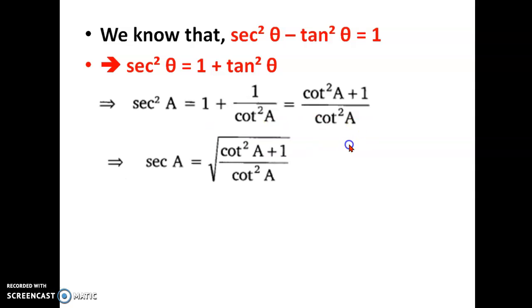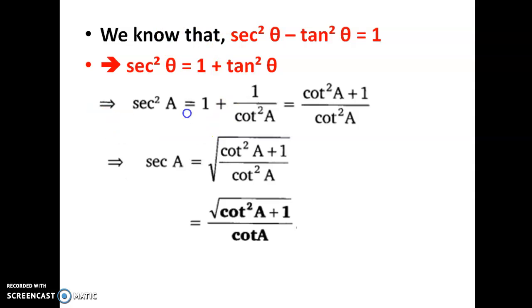We want secant A. Now it is in square, so take square root on both sides. Square and square root will get cancelled, so you are getting secant A. Then on the RHS take root. The root in the numerator and denominator we can separate.